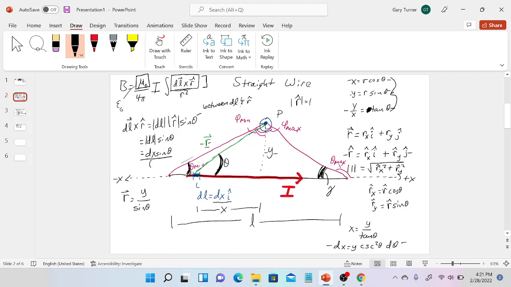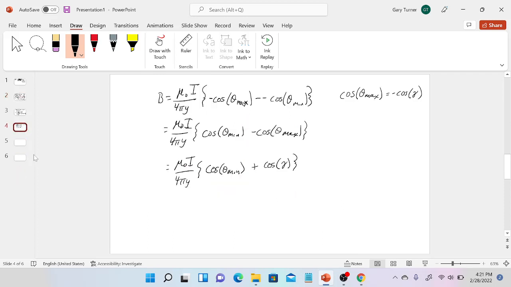I'm integrating from here to here and then using geometry to transform the cosine of this angle into the cosine of this angle. Okay. And as a result, this is what we get. And this doesn't necessarily look very pretty, but if you can measure those angles, then this is a relatively simple formula to use. Okay, this is relatively straightforward.